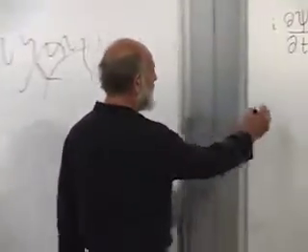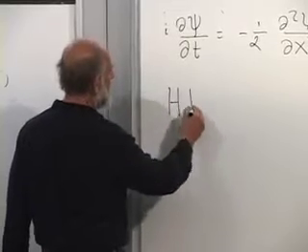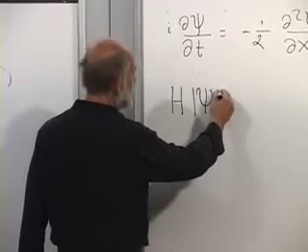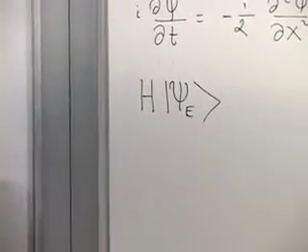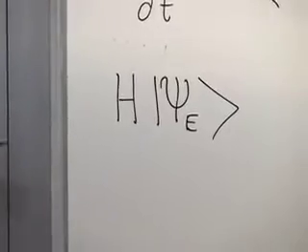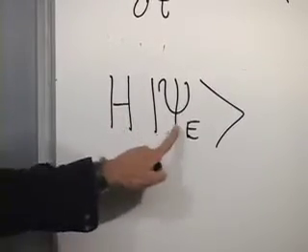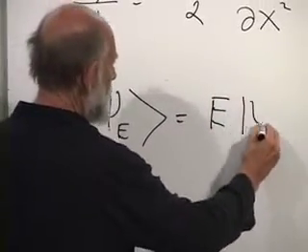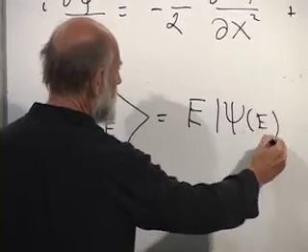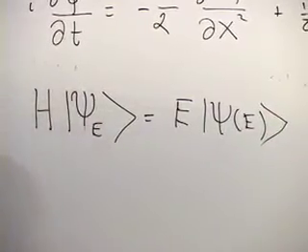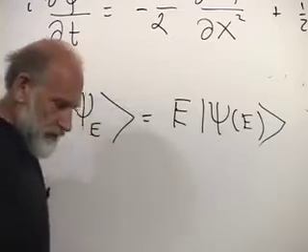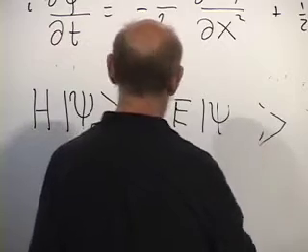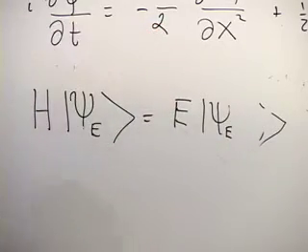The condition for an eigenvector is that h times, let's call it psi sub e, e for energy, a particular energy level indicated by the value E here, h on psi of E equals E times psi of E. Or psi sub E, I guess. Psi sub E. The sub E, as I said here, just indicates which particular eigenvalue.